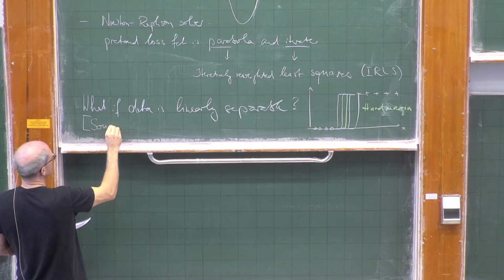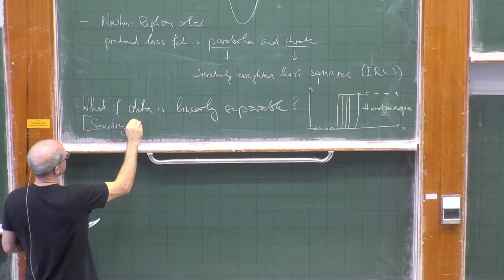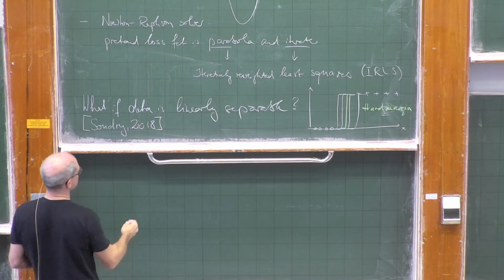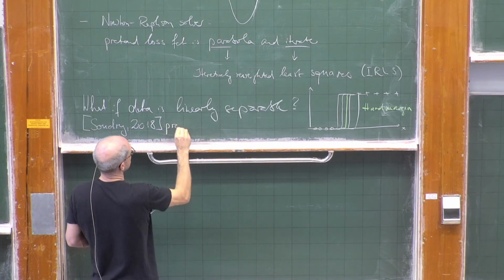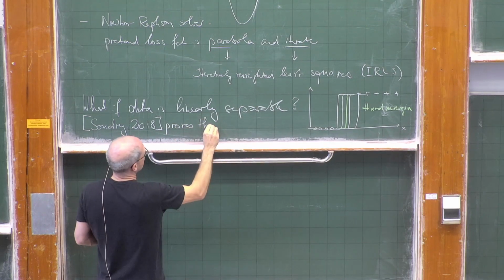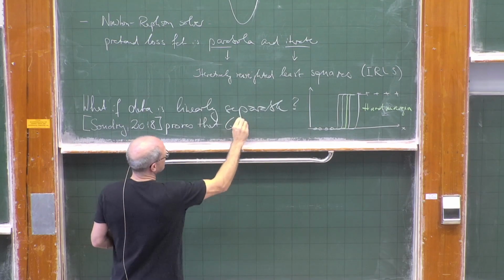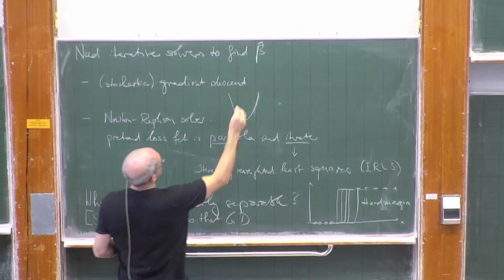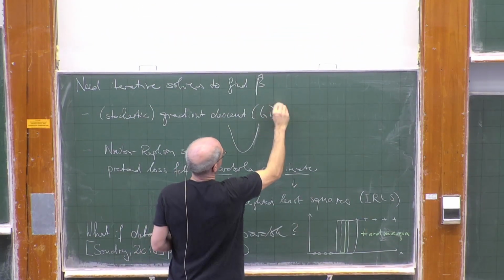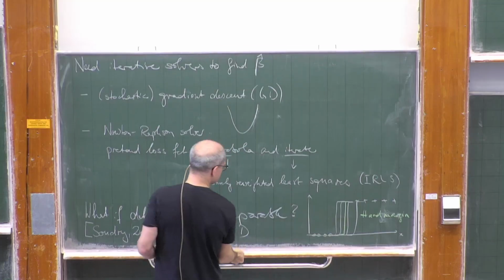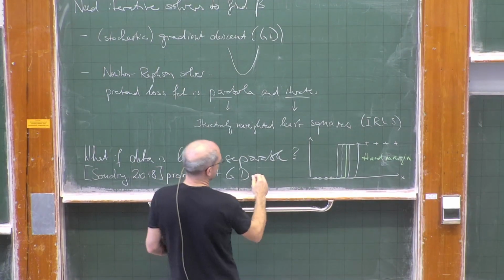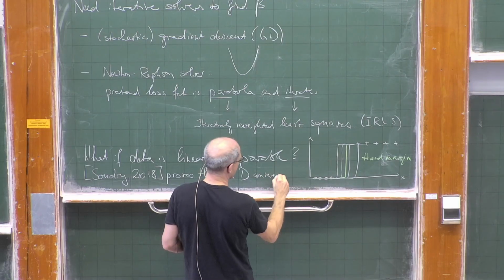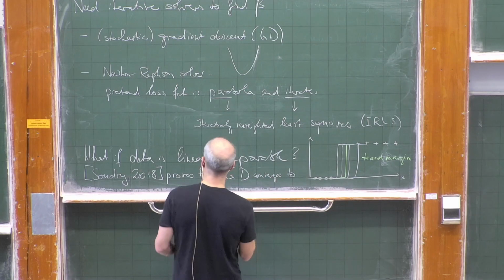Soudry in 2018 proves that GD, gradient descent, if you let it run forever and ever, converges to the hard margin solution.